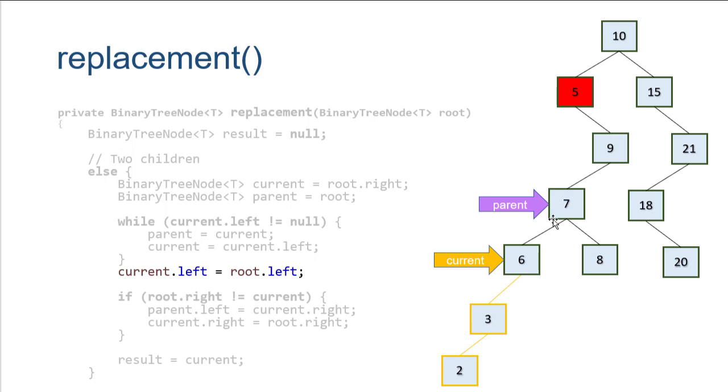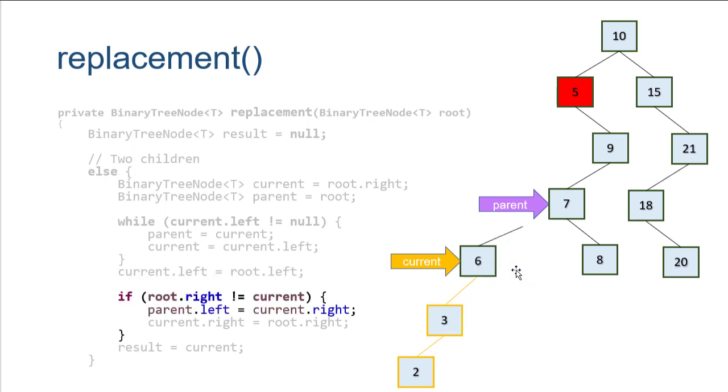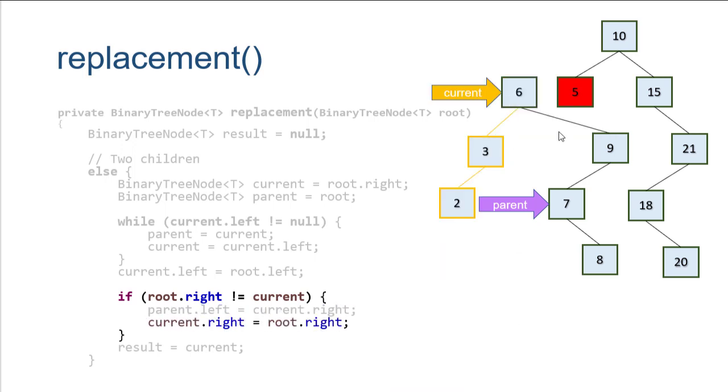We're going to move that so that now it's the left subtree of the current node. Then, if the original root's right is not equal to current, which in this case it's not because this is the original root's right, then we're going to set parent's left equal to current's right. In this case, there's nothing there, so there's nothing to do. And then we're going to set current's right to the original root's right. So now we're ready to replace the node we're deleting.